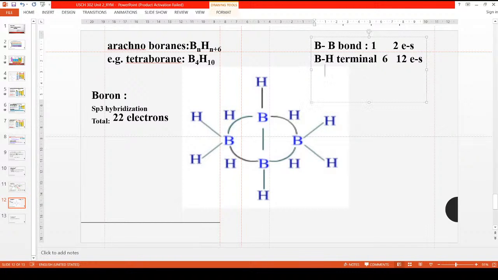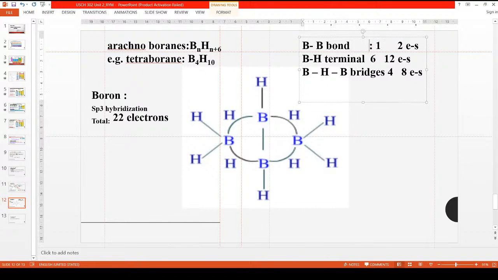So you can write boron-hydrogen-boron bridges are four. Each bridge contains two electrons. Though it is three centered, it contains two electrons. So eight electrons will be involved in this case.